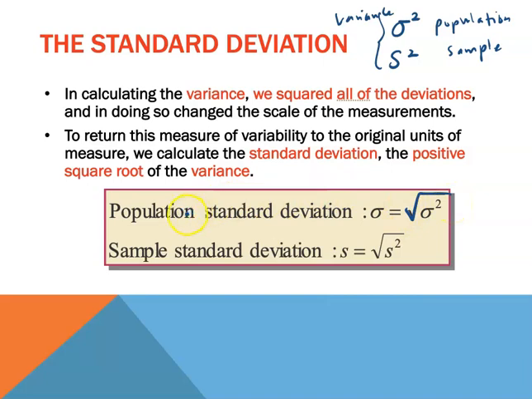If we're talking about population standard deviation, we square root the population variance. And when we're talking about sample standard deviation, we square root the sample variance. It's basically the same thing but with the square root. So you have two terms here: one is standard deviation, the other one is variance. Please distinguish between the two. Don't get confused, okay?